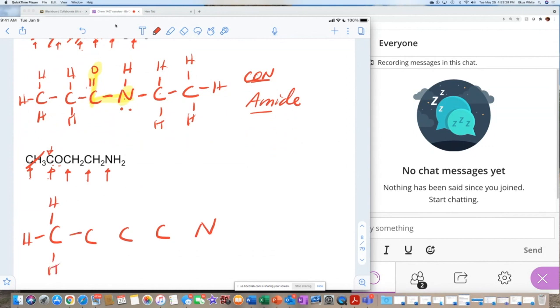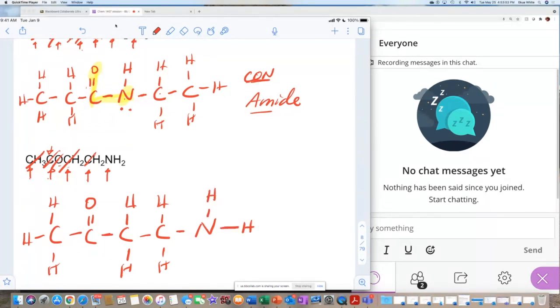Second carbon, I have to have a carbonyl because of the way the bonding looks. Third carbon, I add a hydrogen up and down. Fourth carbon, a hydrogen up and down. Nitrogen has 2 hydrogens up and side.